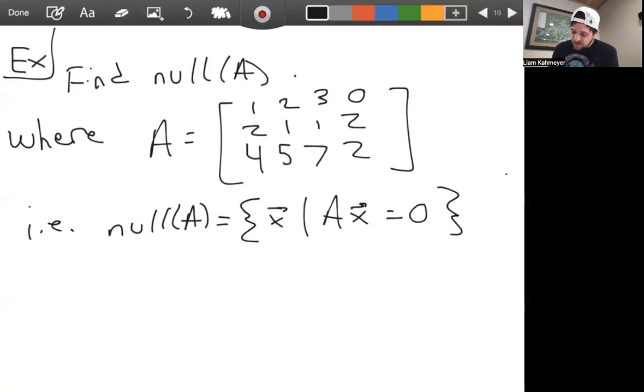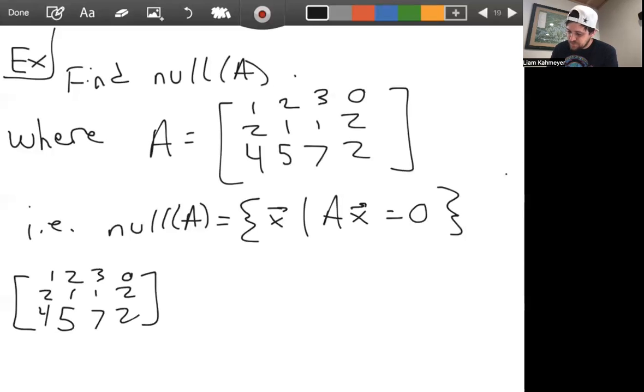So what we would need to do then is set up the system Ax equals 0. So we have the matrix A, 1, 2, 4, 2, 1, 5, 3, 1, 7, 0, 2, 2 times x. Well, this is a 3x4. So for matrix multiplication to be defined, the vector has to be a 4x1 vector, right? And so we would have, let's say, x, y, z, w.